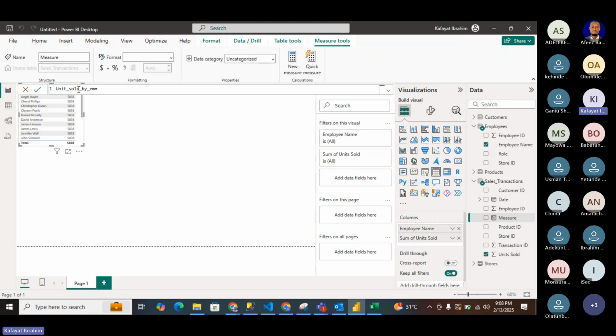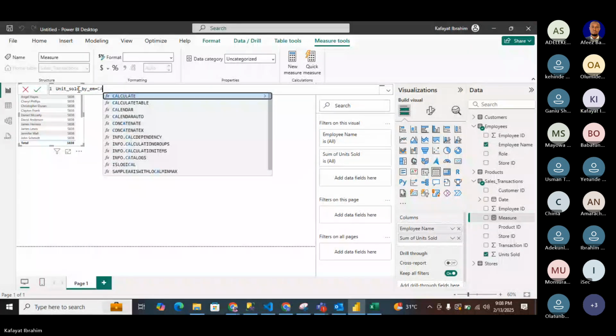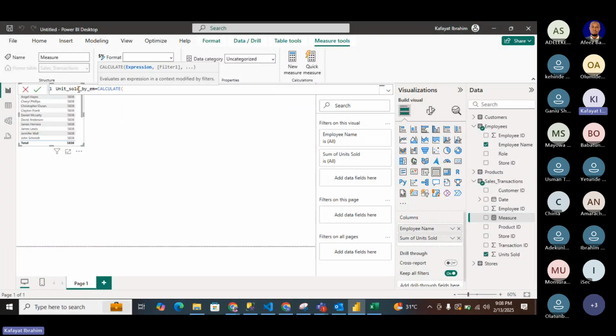Let me use this. I don't know, sure. I don't want to use an expression, but guys, just permit me to use this expression.